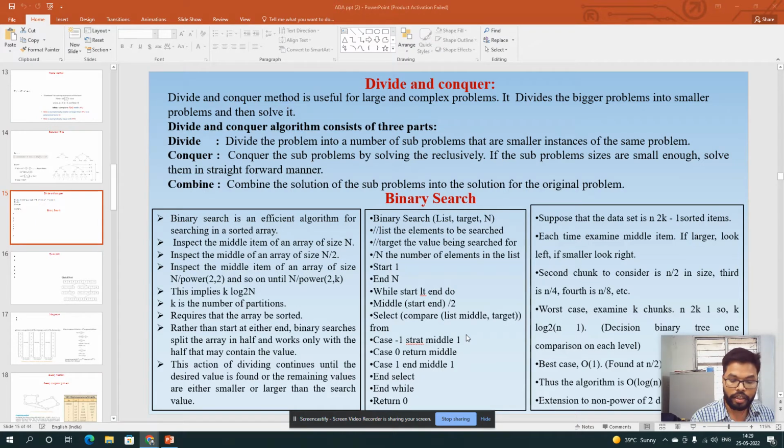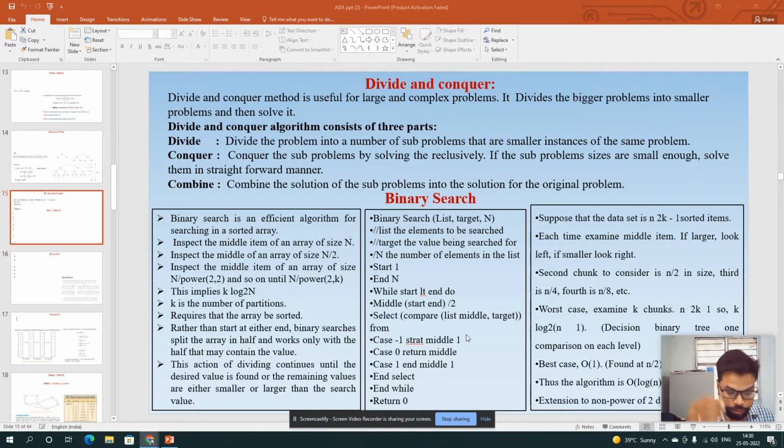When the subproblems are large enough to solve recursively, we say that it is the recursive case. That is, until the division is possible, it is known as the recursive case.